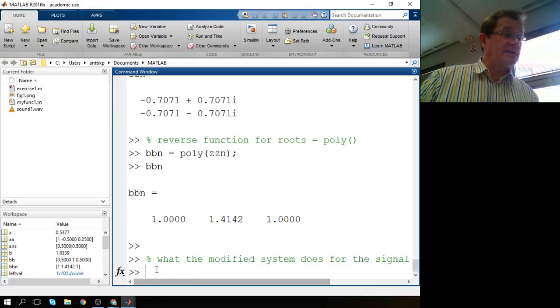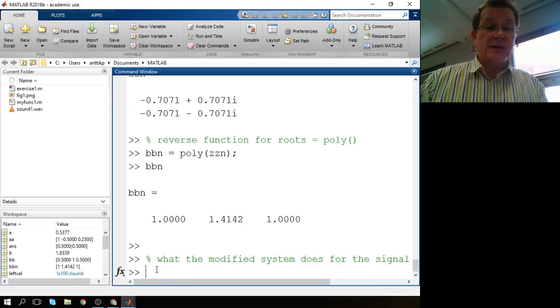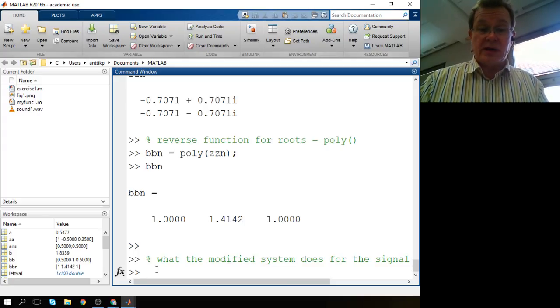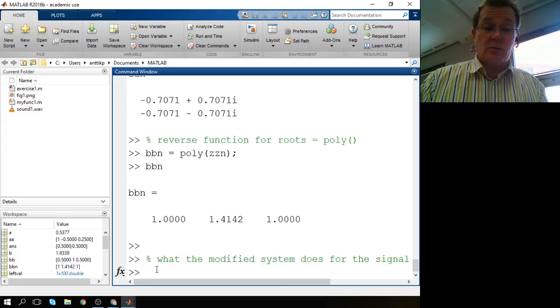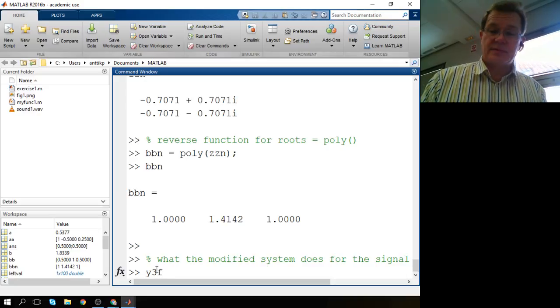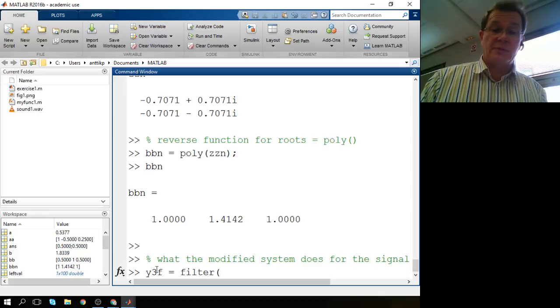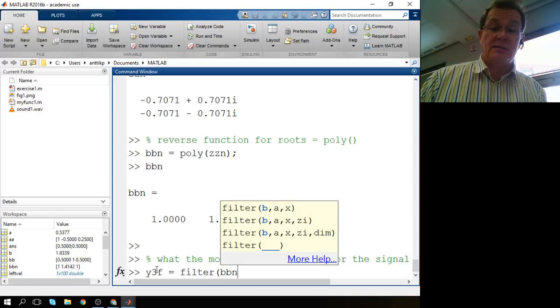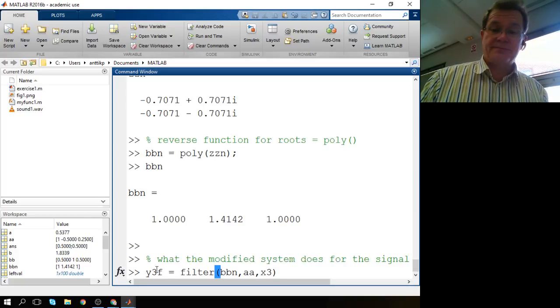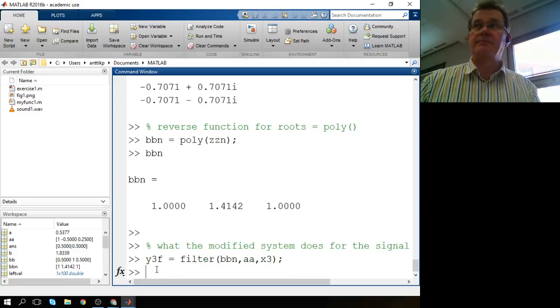We started at 0 position. So I can calculate the y3f. I use the filter function with coefficients bbn, aa, and then x3.